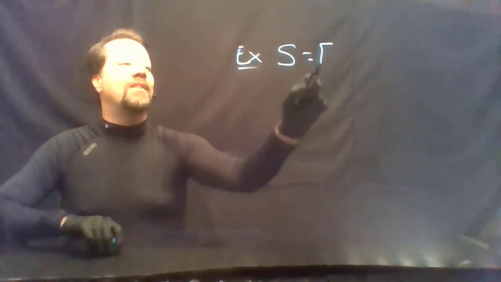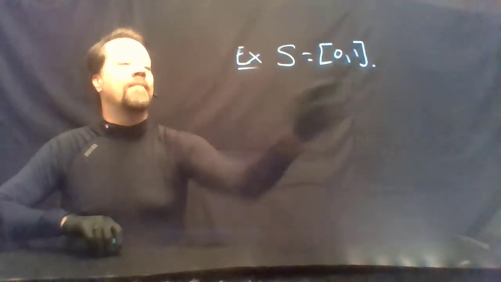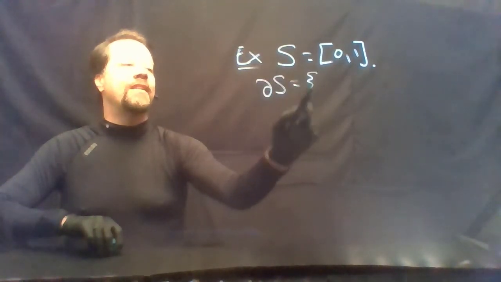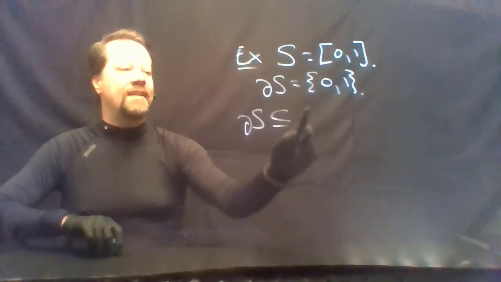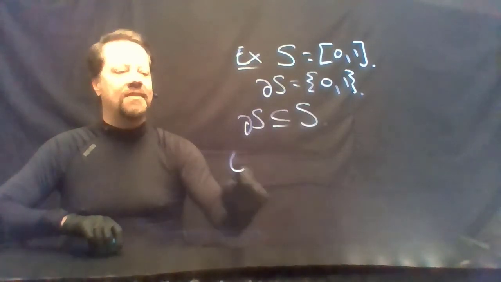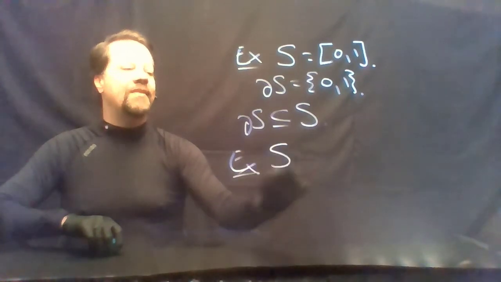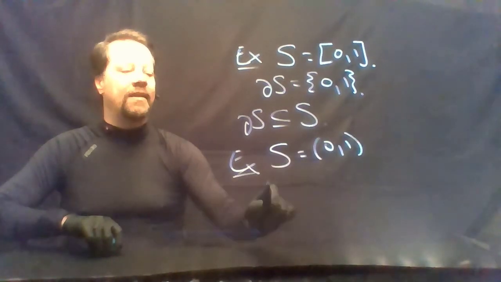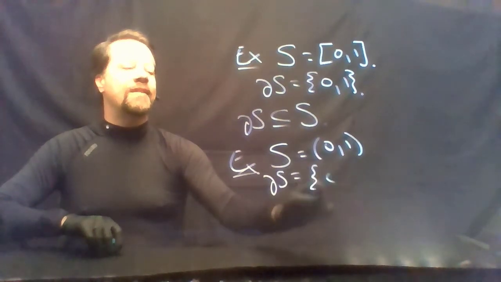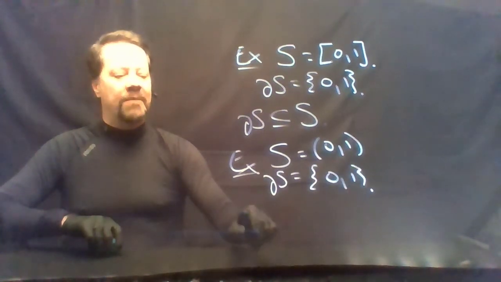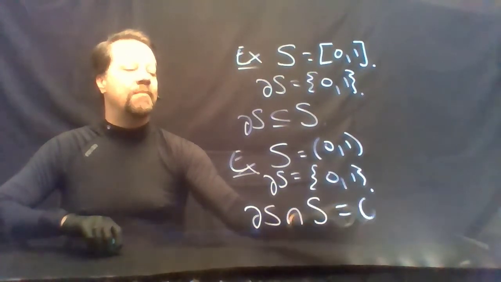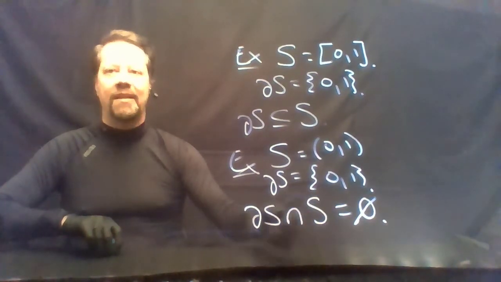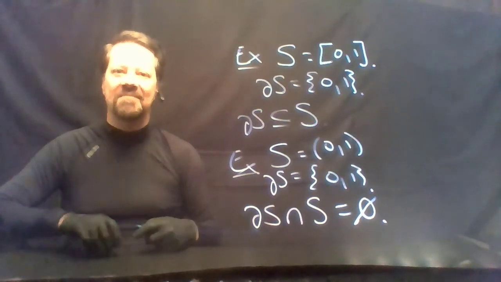So if S is the closed interval from 0 to 1, the boundary of S is the set that contains 0 and 1, and the boundary of S is a subset of the set S. On the other hand, if S is the open interval from 0 to 1, the boundary is still the set that contains 0 and 1, but now the boundary intersected with S is empty. There are no points in the boundary that are also in the set S.